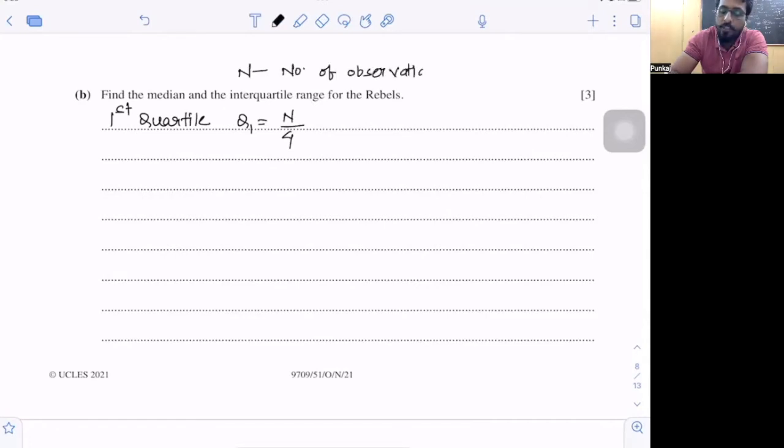How many observations did we have for the Rebels and the Sharks, both of them? It is 15 observations. I just want to find the median and the interquartile range for the Rebels, so I'm going to focus on the Rebels data. n is 15, so that's 15 over 4.